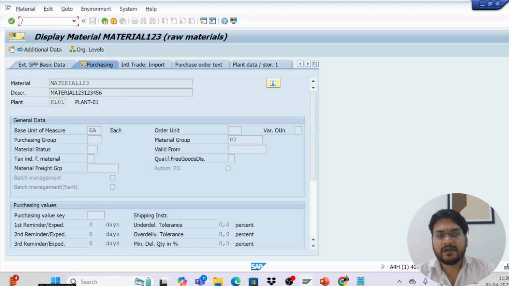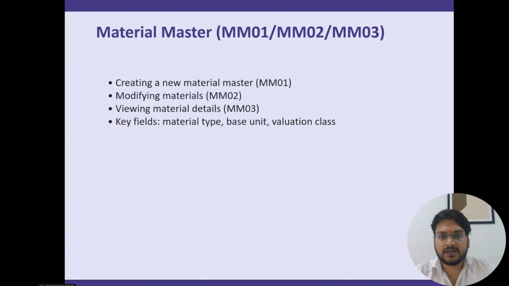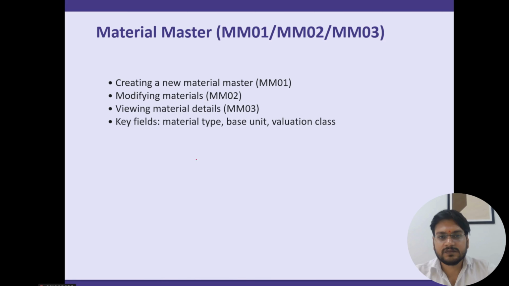So this is how we can create a material master record by just using T code MM01. We can change by just using T code MM02 and we can display by just using T code MM03. These key fields we have also used, like material type, raw material ROH, finished product FERT, basic unit of measurement, like each.